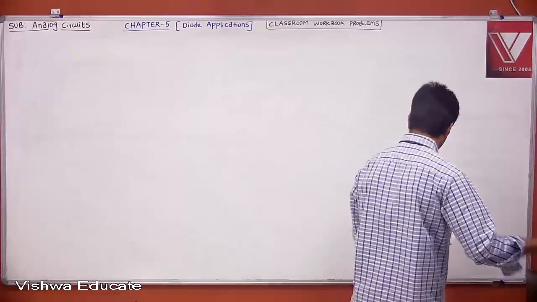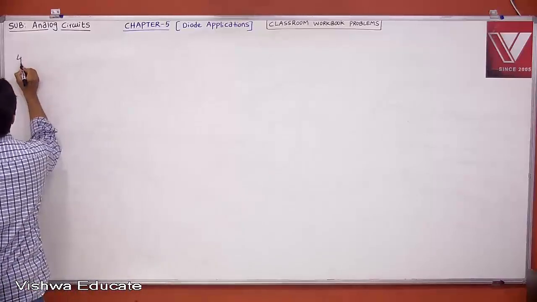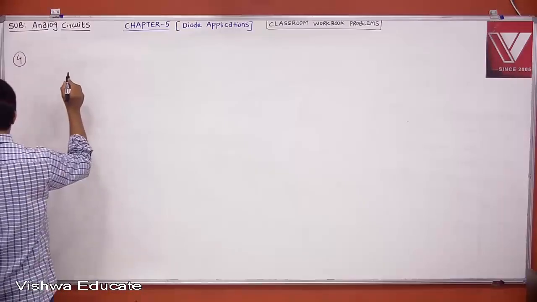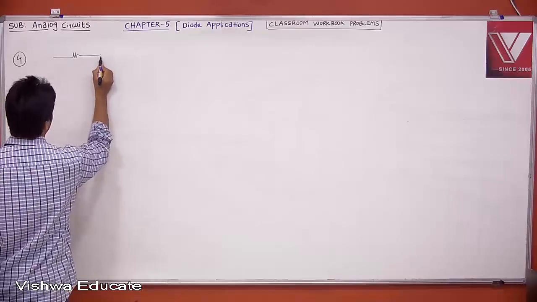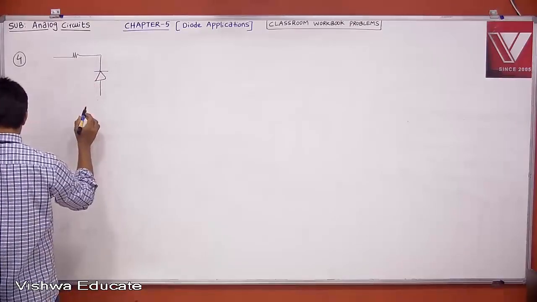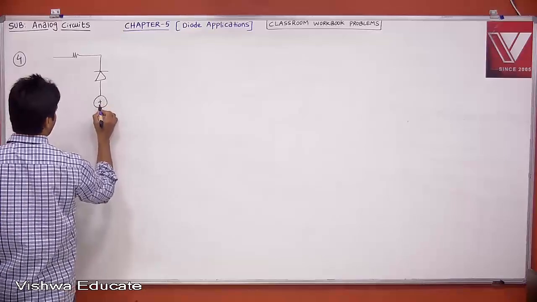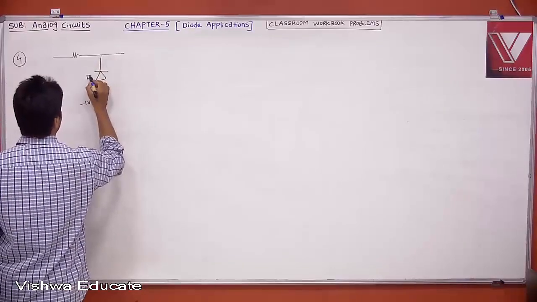Now, problem number 4. Until I say don't write, you can track me. So for problem number 4, the circuit is a resistor, diode D1 and having plus minus 1 volt. This is D1.